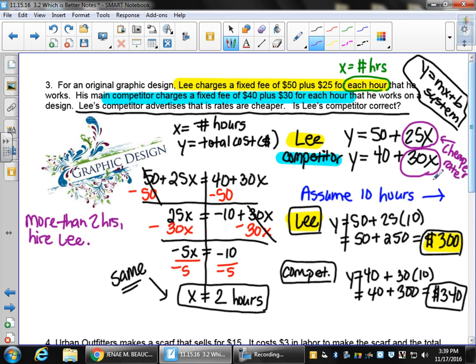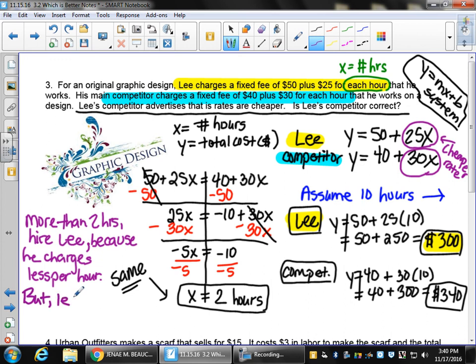So we could have reasoned more than 2 hours, hire Lee, because he charges less per hour. And here's our proof. More than 2 hours. Here's an example of 10 hours. Lee is definitely cheaper.